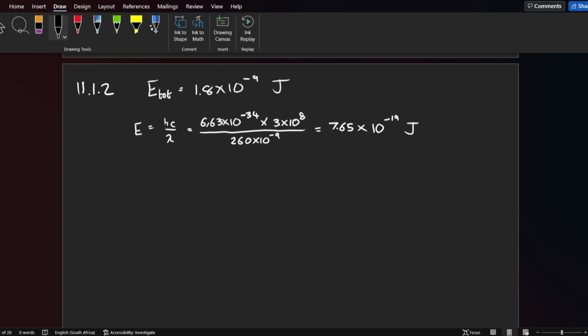Okay, so now to determine how many electrons were emitted, we need to simply determine how many photons were in the original beam. Why? Because they told us that one photon emits one electron.